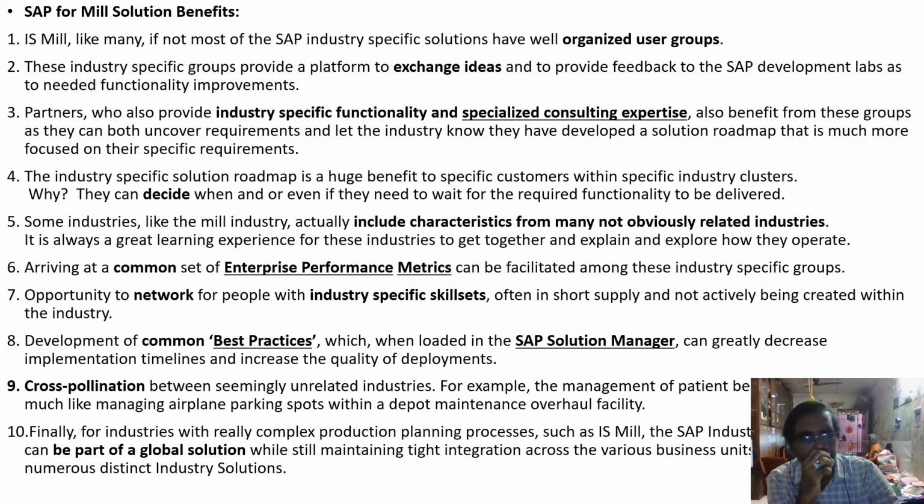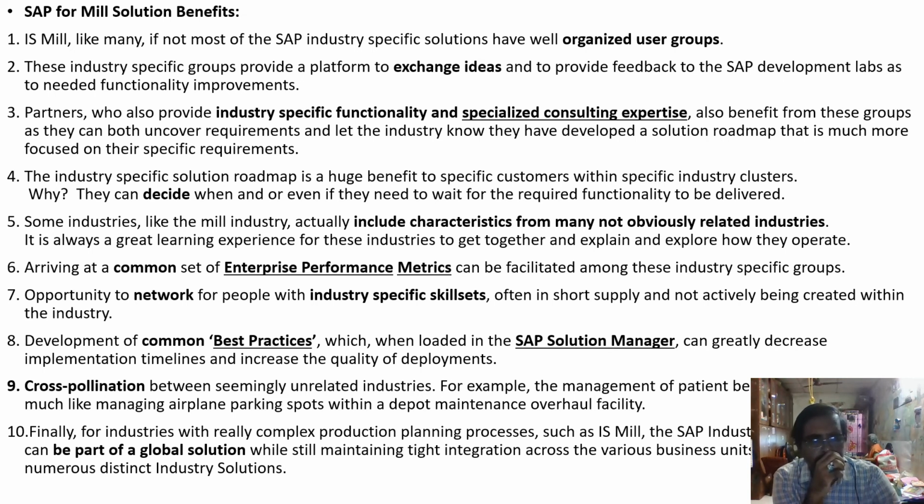And as a sixth point, arriving at a common set of enterprise performance metrics can be facilitated among these industry-specific groups. And as a seventh point, an opportunity to network for people with industry-specific skill sets, often in short supply and not actively being created within the industry.